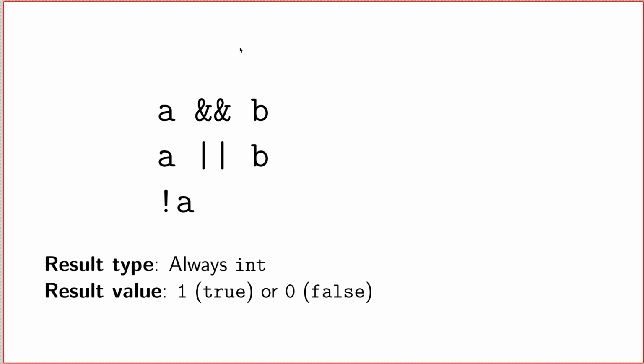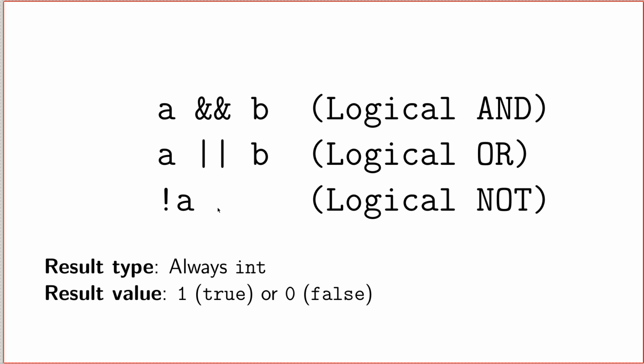And there are 3 operators in this family. And they are called logical and, that's this one, logical or, that's this one, and then a strange one, a unary operator. It's sort of the logical equivalent of a negative sign, and it's called logical not. I've got the names here. And so one key thing to understand is that we have to use, for logical and, for example, 2 ampersands. Don't use 1. There is an operator that uses only 1 ampersand.